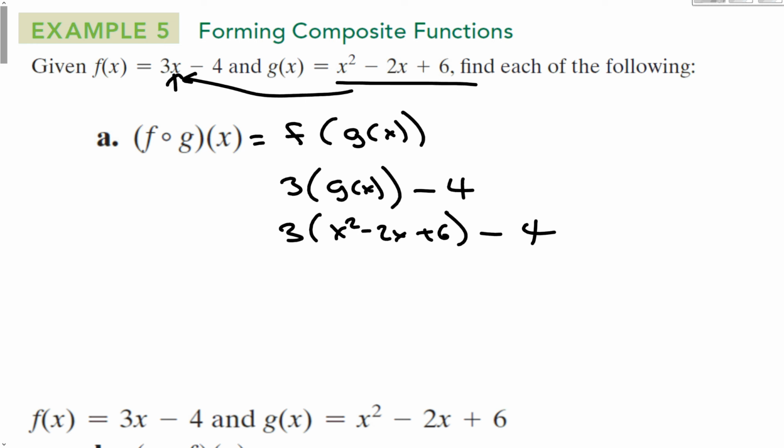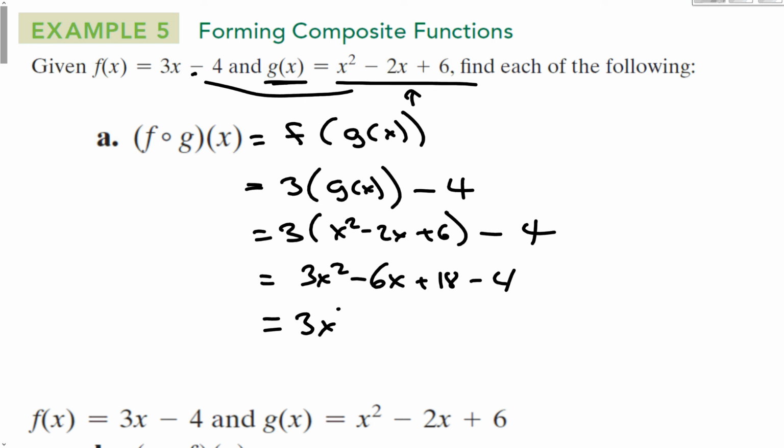Instead of the variable x, my input becomes this whole function g of x. So we're replacing the x in f of x with the whole function from g. And now we just combine like terms. So I get 3x squared minus 6x plus 18 minus 4, which then simplifies to 3x squared minus 6x plus 14.